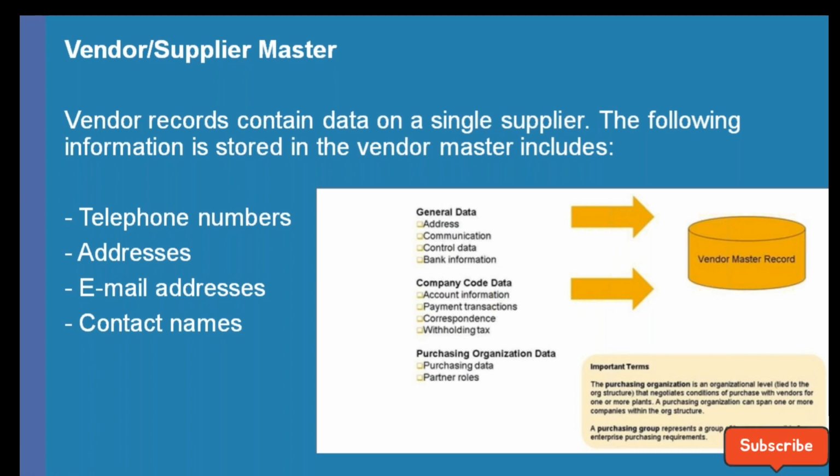Then you have company code. In company code, you have account information, payment transaction, withholding tax, correspondence details, and many more other things. But these are all major things basically. And then in purchasing details, we have purchasing data and partner codes.